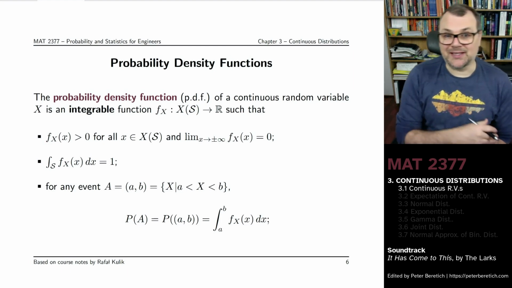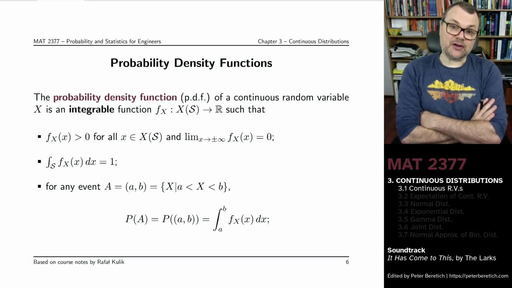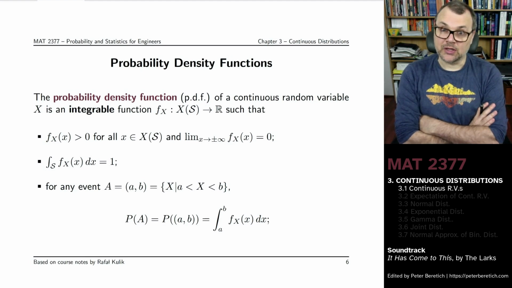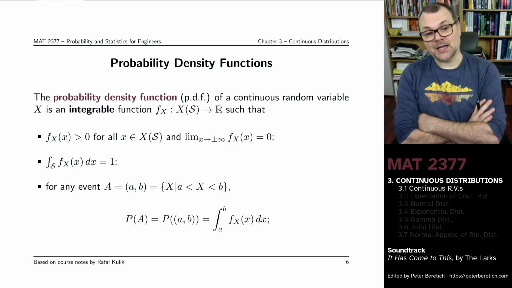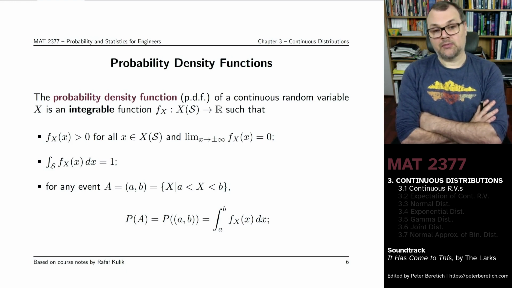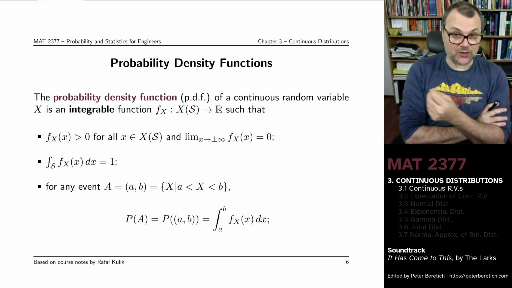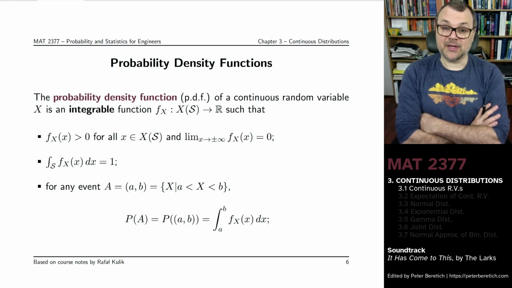These probability density functions for continuous variables have a similar set of properties as what we had for discrete random variables. There's a few exceptions. The first one is that the PDF has to be positive, or at least non-negative for all values in the set of outcomes. And the limit exists, right?